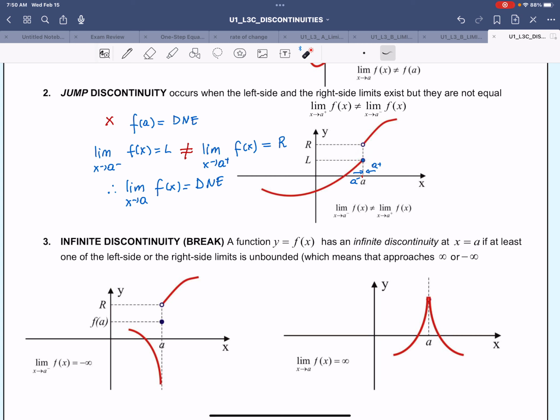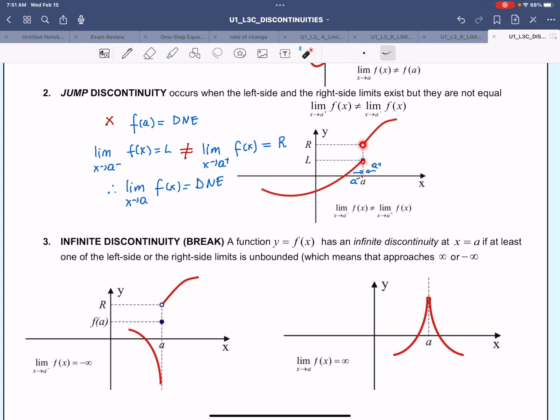Even if f of a existed, so even if the function was defined at x equals a, the fact that the limit on the left and the right were different would still create the break on the graph, or the jump discontinuity. Now, if we were to take this a little further, what if the other dot up here was also filled?